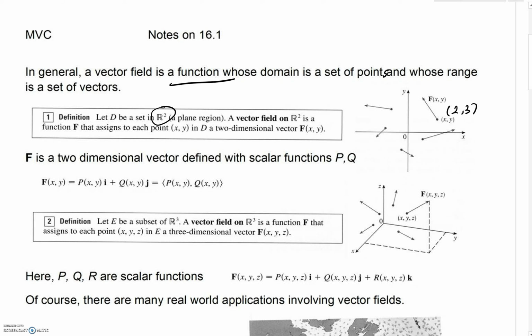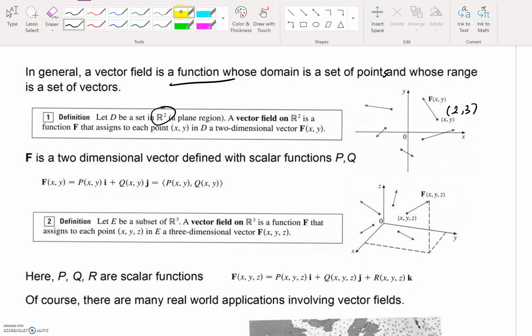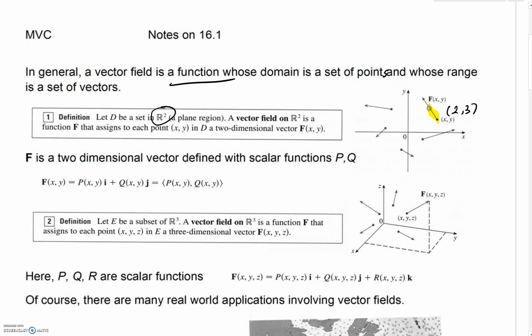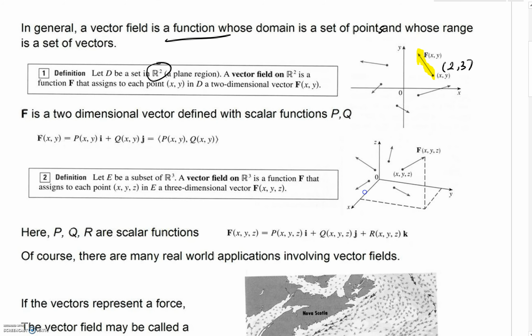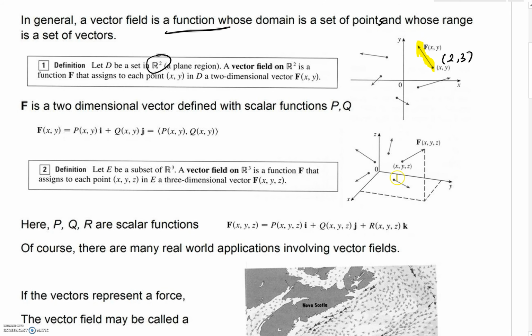What you're going to see is at that ordered pair, you will have a vector assigned to it. You will have a certain length and direction. You can envision a little arrow being drawn there. Likewise, you can also do this in 3D.